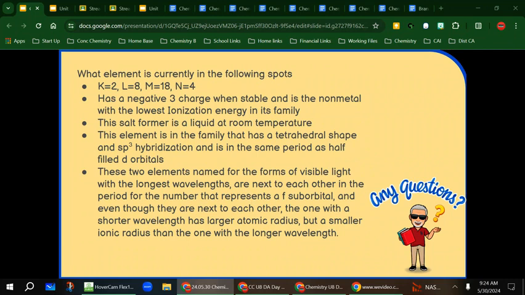So that's why the third period. It has to be both of them touching the bold zigzag line, because that's the only way they can be next to each other, and one can have a larger atomic radius but smaller ionic radius.